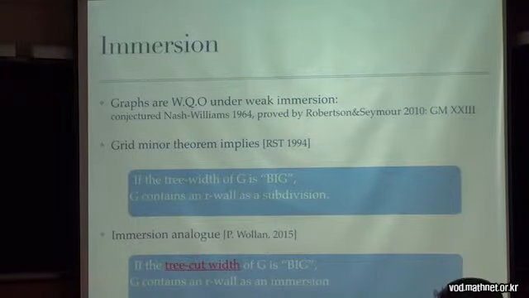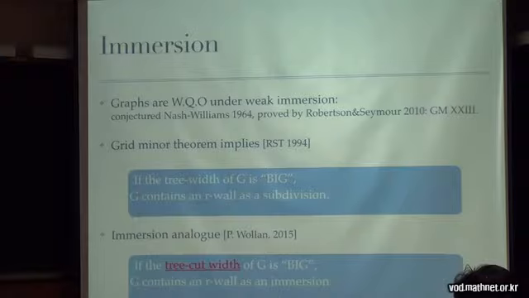So why is immersion interesting? Immersion is another relation under which graphs are well quasi-ordered. Graphs are well quasi-ordered under weak immersion.